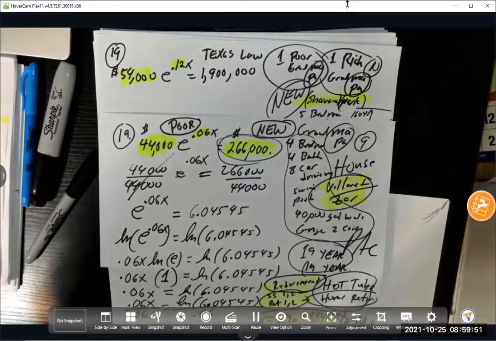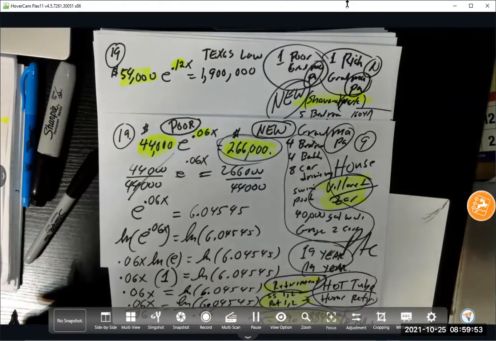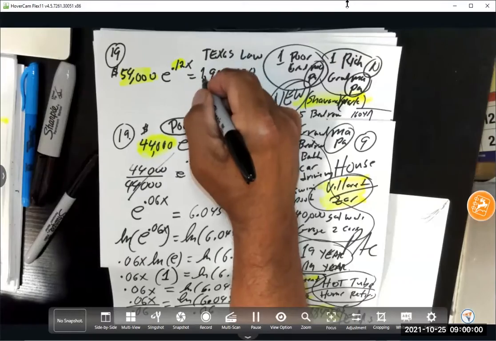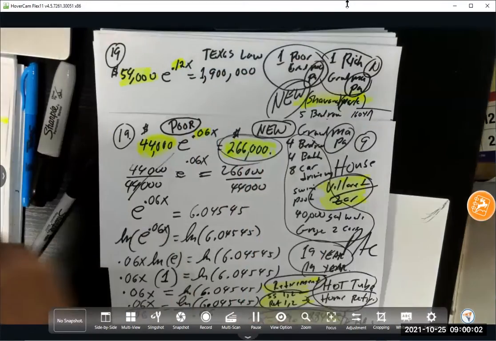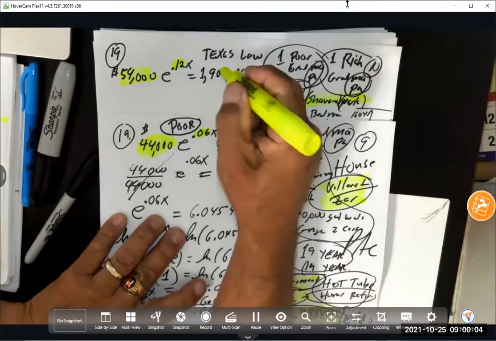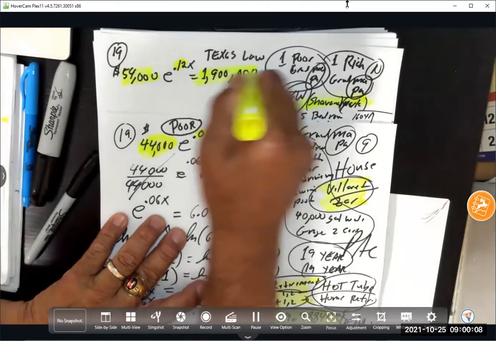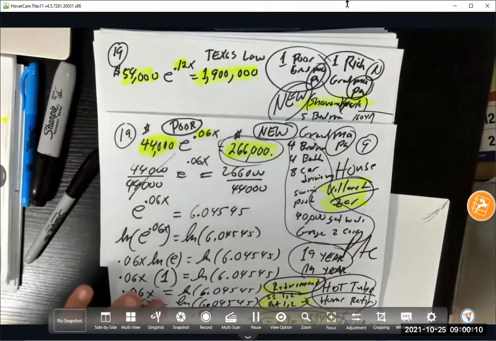Holy cow. How much? 1,900,000, almost a $2 million house. Yes. Why? Because they live in this neighborhood right here.